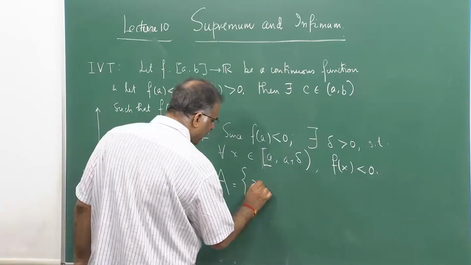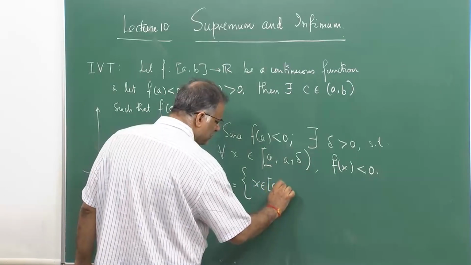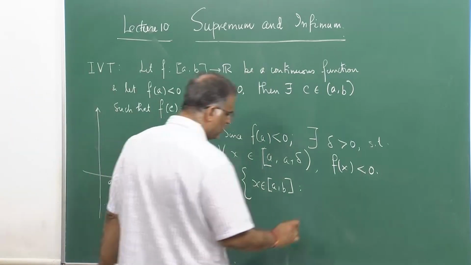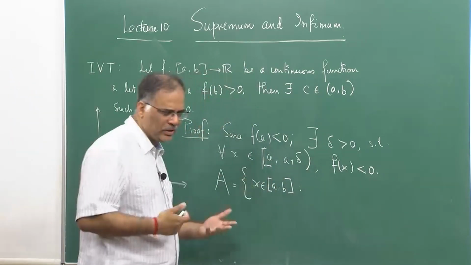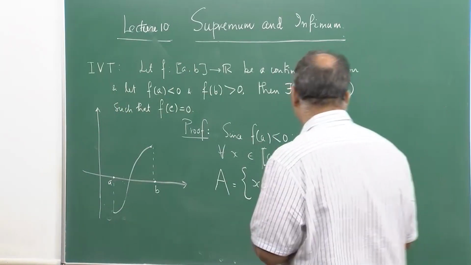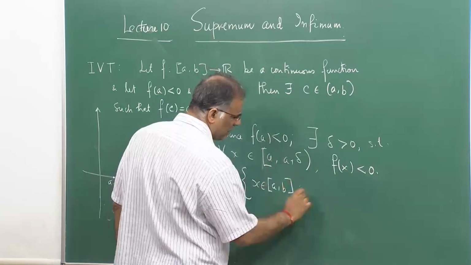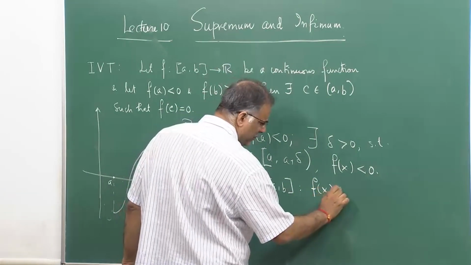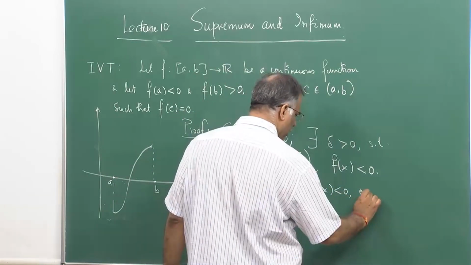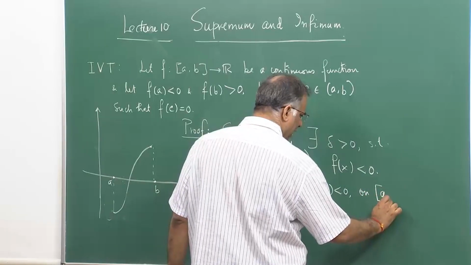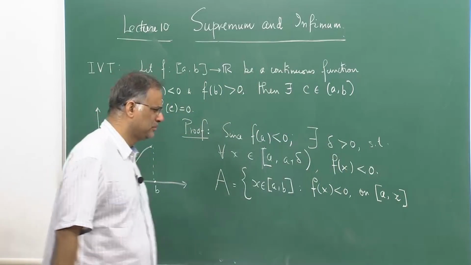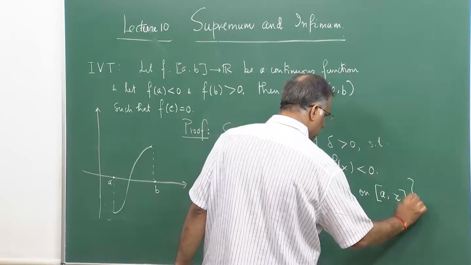It contains all x in (a, b), or I should write it in a much simpler way, it consists of all x in (a, b), maybe such that f of x is negative on [a, x]. Let me construct this set.